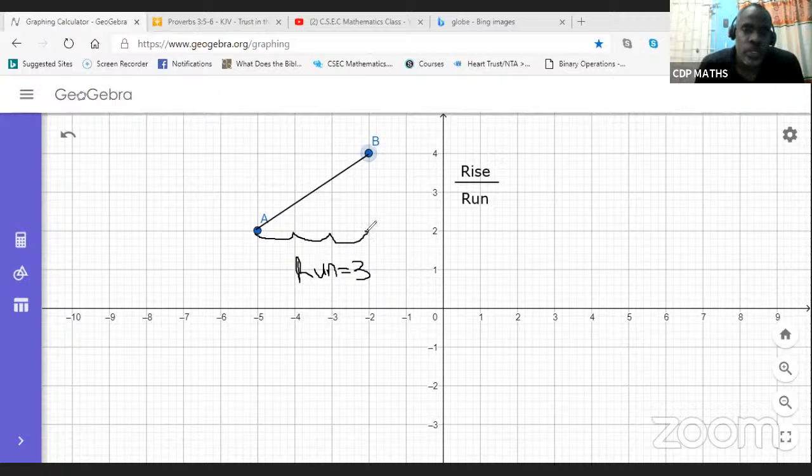Let's go. 0, 1, 2. So the rise is equal to 2. Simple. That was easy.